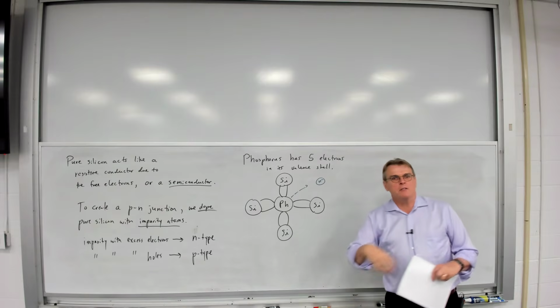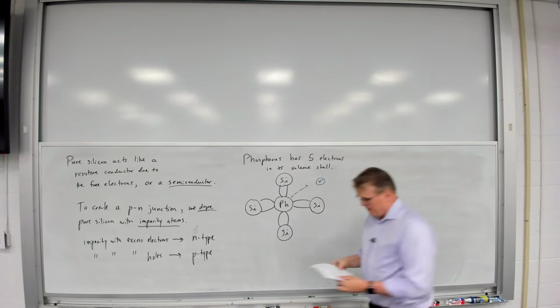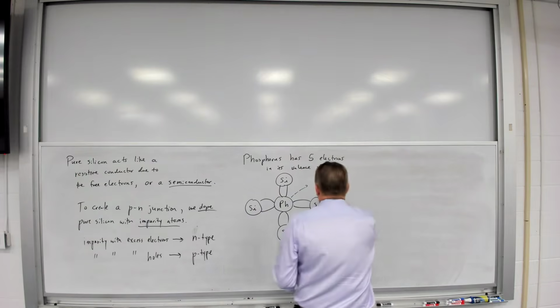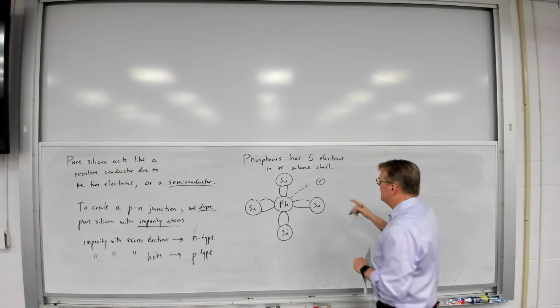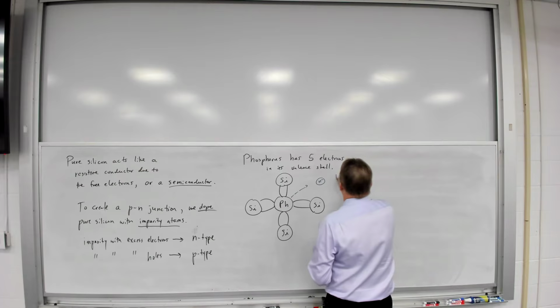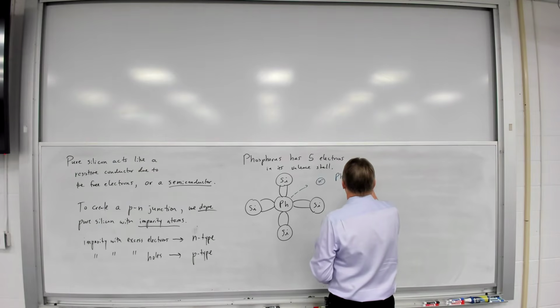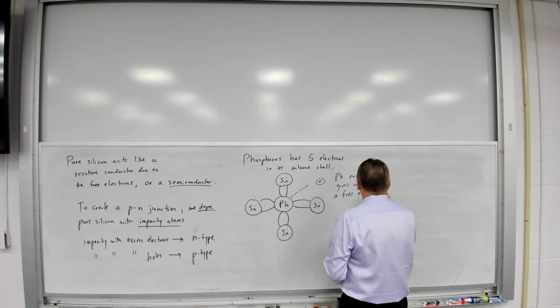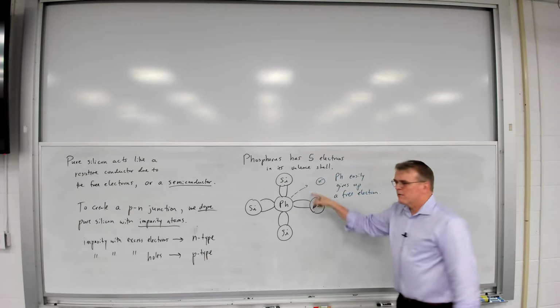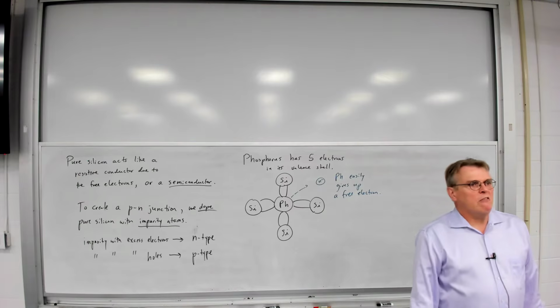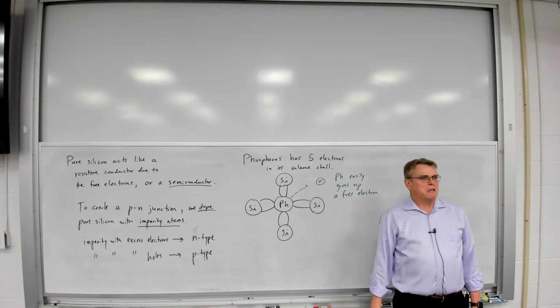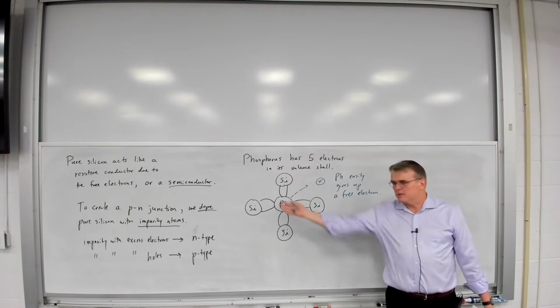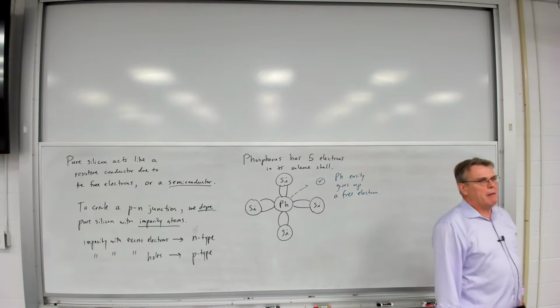So that 5th electron is kind of a spare. Okay? So it easily gives up this free electron. And once that free electron is in the lattice, it's not really going to be recombined or used again. It's going to basically drift around because none of the other phosphorus atoms really want it back.